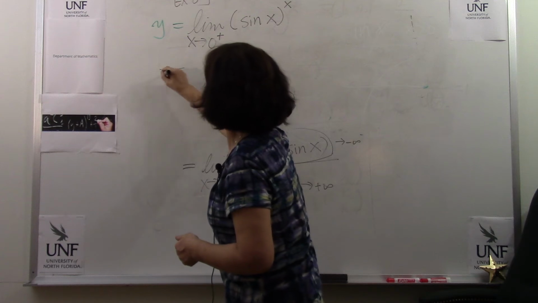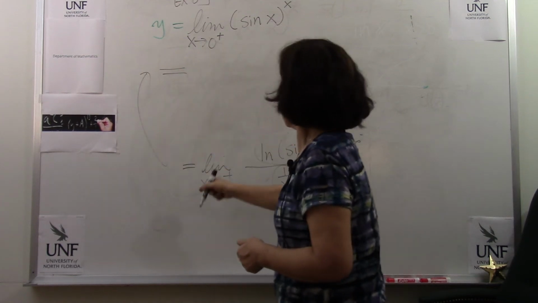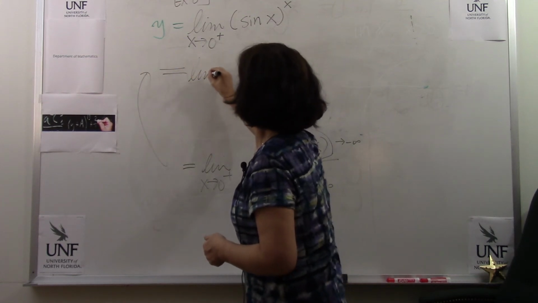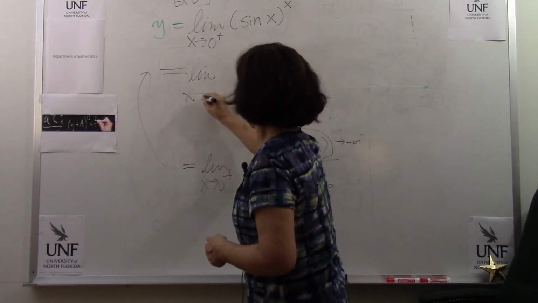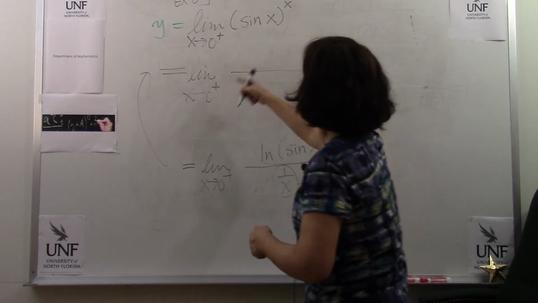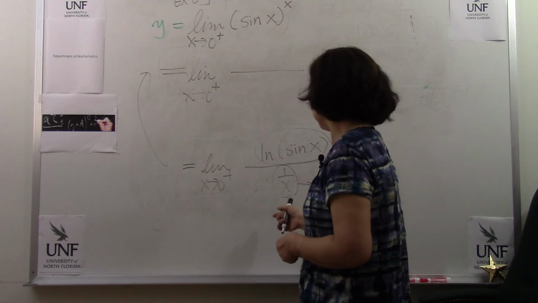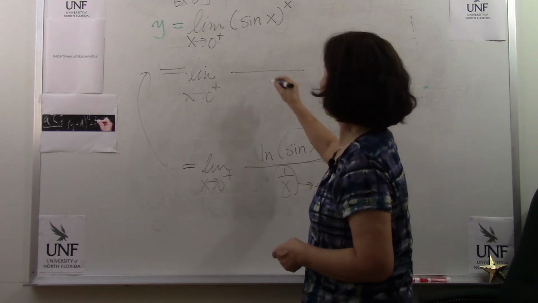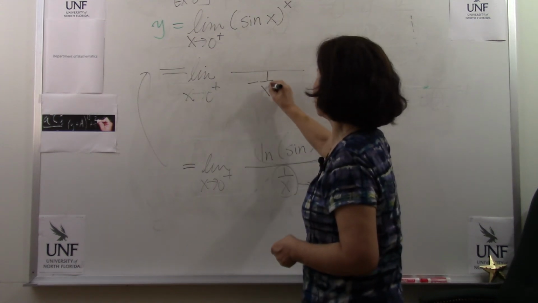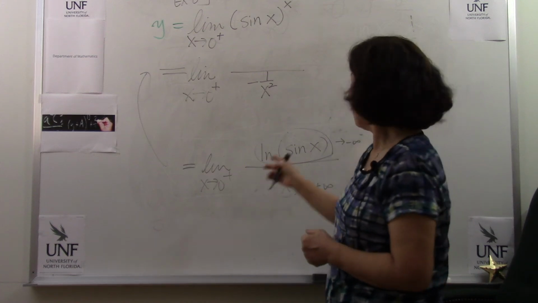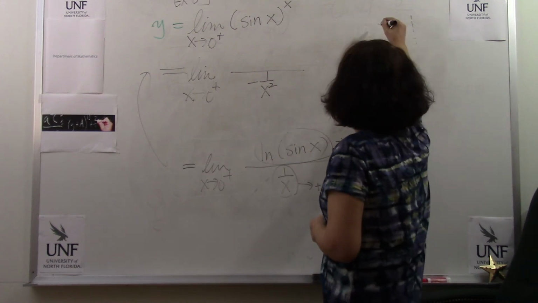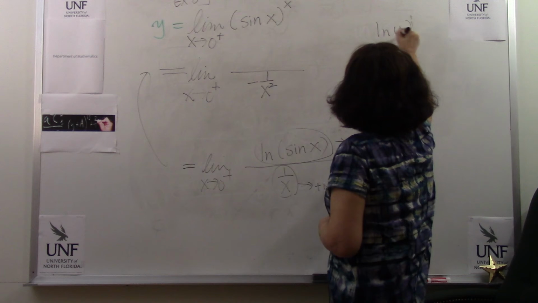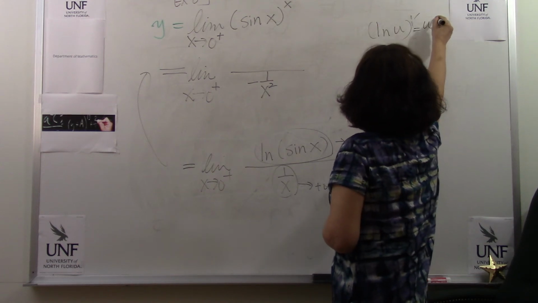So here we go. I'm going up over here. So apply this limit after we differentiate top and bottom. Again, the derivative of 1 over x is negative 1 over x squared. What about here? Again, natural log. The derivative is u prime over u.